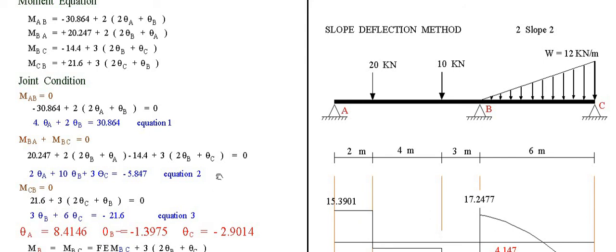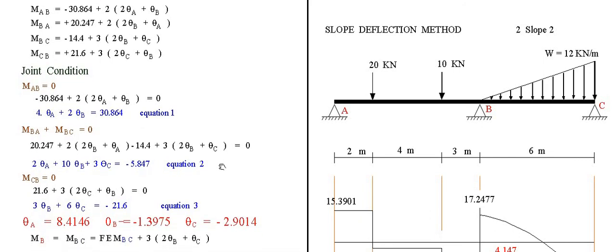Okay, then moment CB is really 0. Moment CB is 0, simple support. And what is moment CB here?